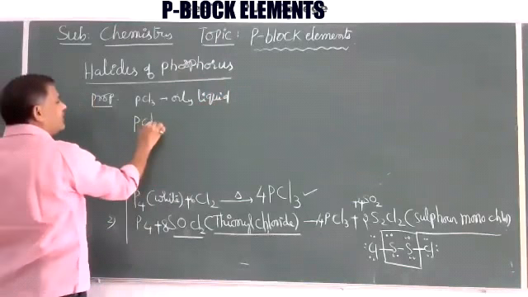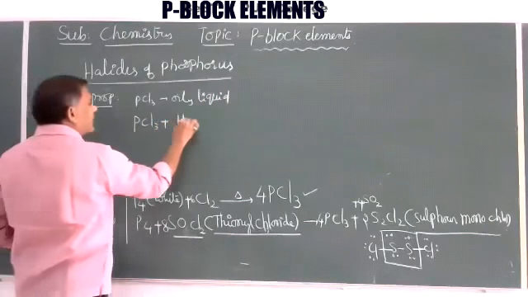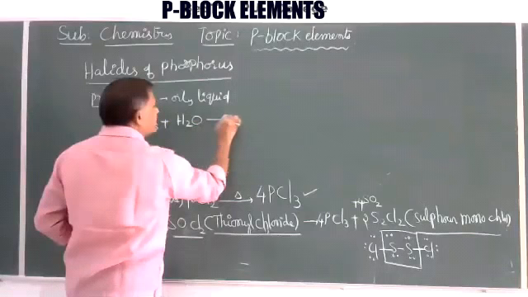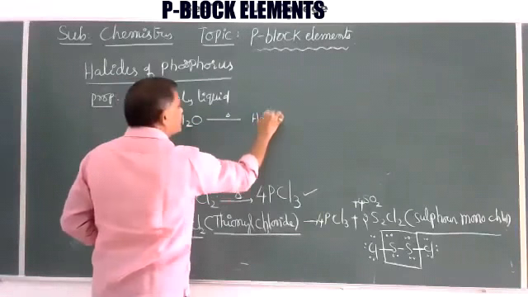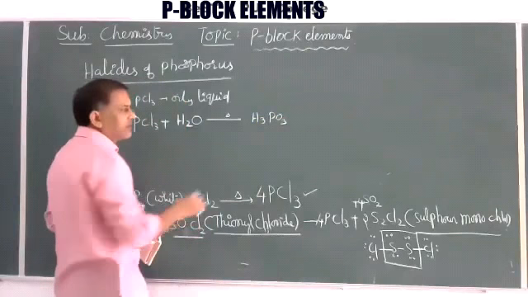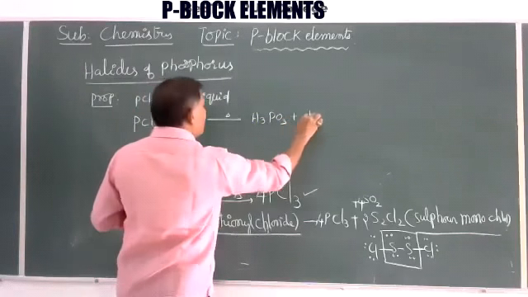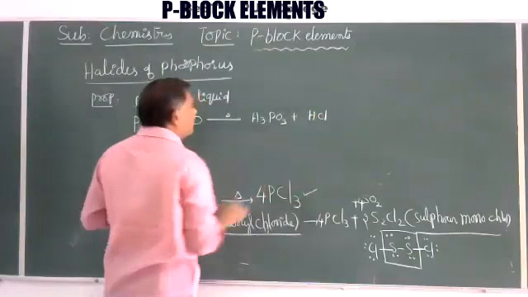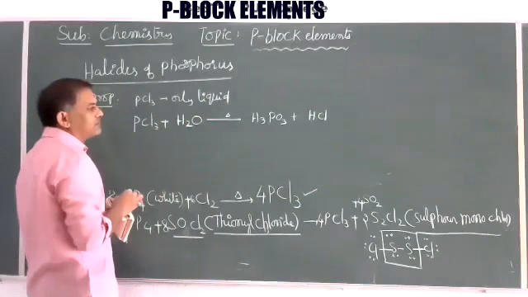Here the PCl3 on hydrolysis reacts with water, it gives the corresponding H3PO3 phosphorus acid, plus HCl, hydrochloric acid, is formed.